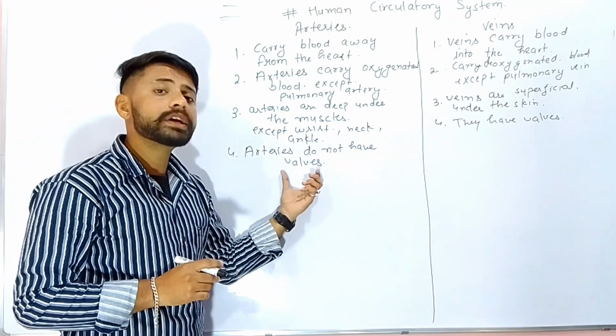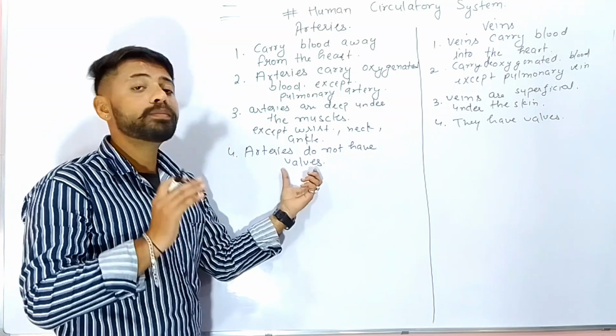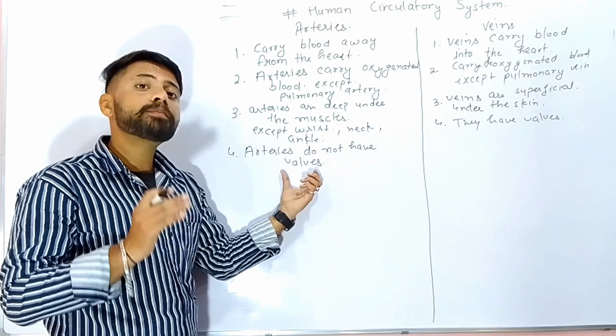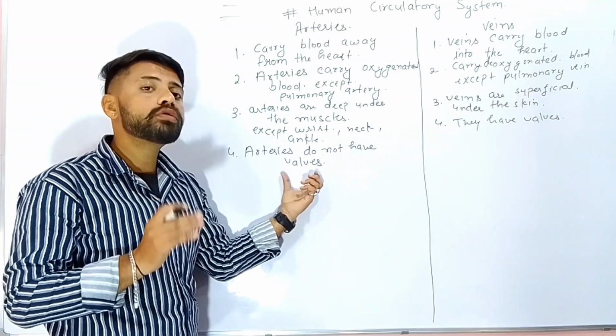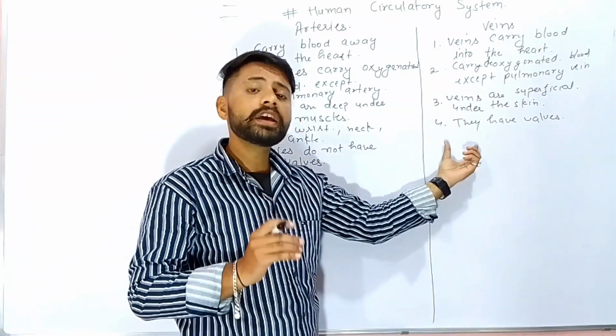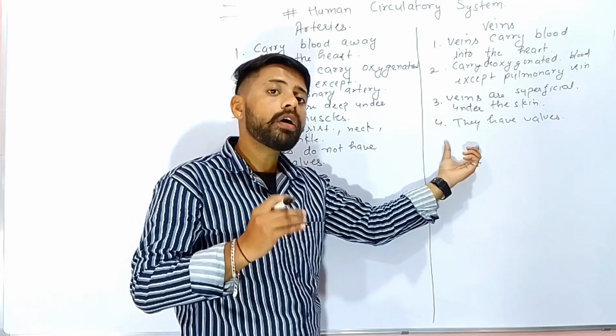In arteries, there are no valves because the blood comes under high pressure, being pumped by the heart, so there is no chance of backflow of blood. The veins carry the blood from the different body organs.